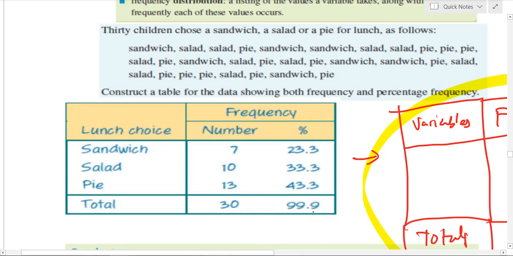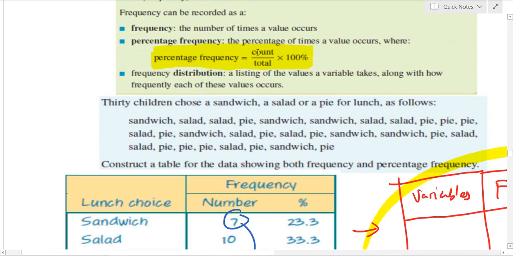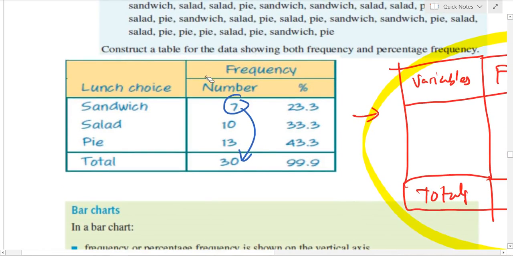100% is okay too. Percentage-wise, how did they calculate the percentage for sandwich? Basically, it's 7 divided by 30 times 100, and we got that from here. Thank you, Fahad. For salad, it's 10 divided by 30 times 100, and that gives you that 33.